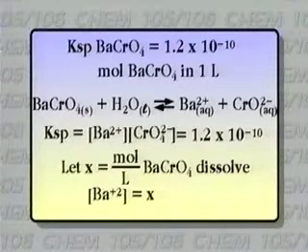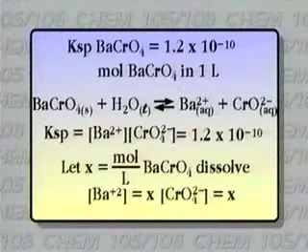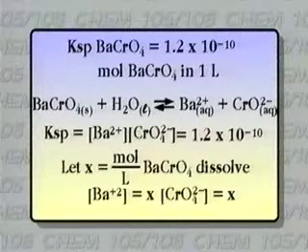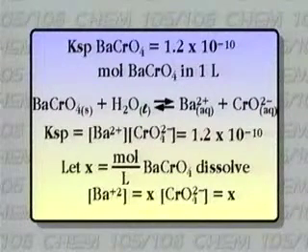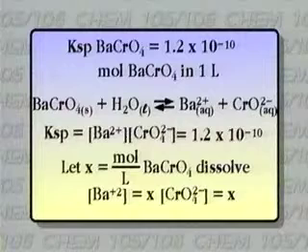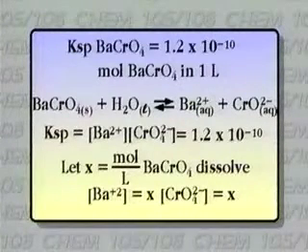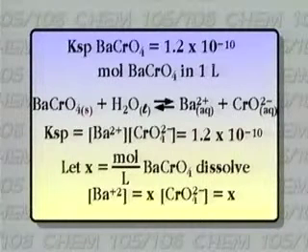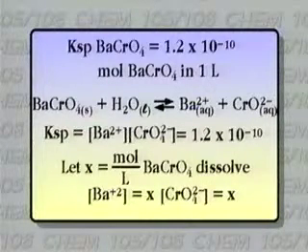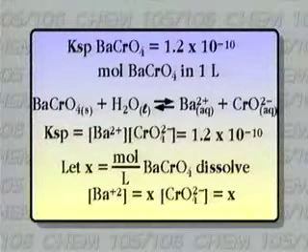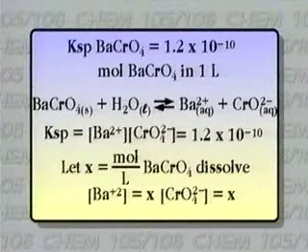And the chromate ion concentration is also going to be X, because we get not only 1 barium, but we also get 1 chromate for each one.